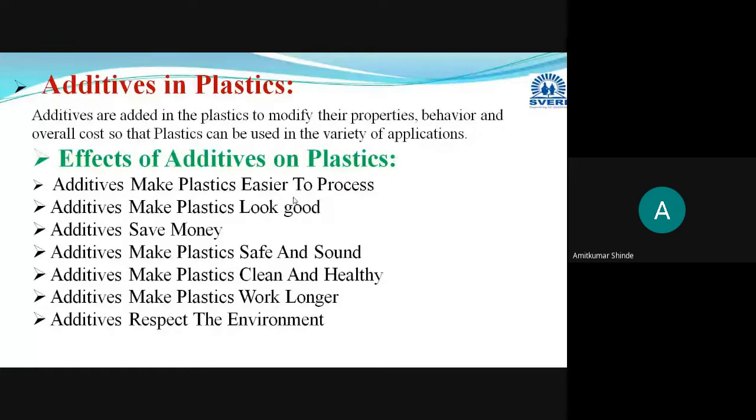With the addition of these additives, they will change the flowability of that particular plastic material, meaning they will increase the flowability. Due to the improvement in the flowability, it becomes very easy to conduct different processing methods or different manufacturing methods on that particular plastic material. This is the first effect.